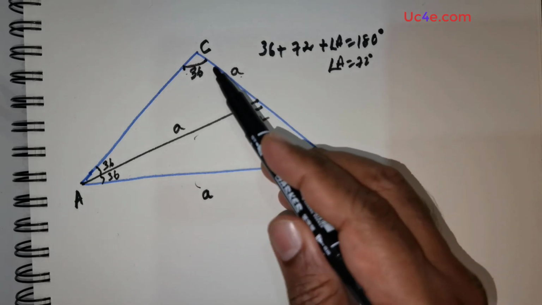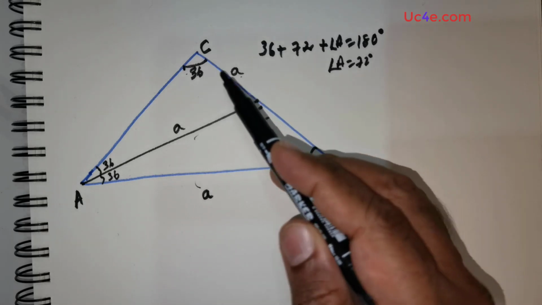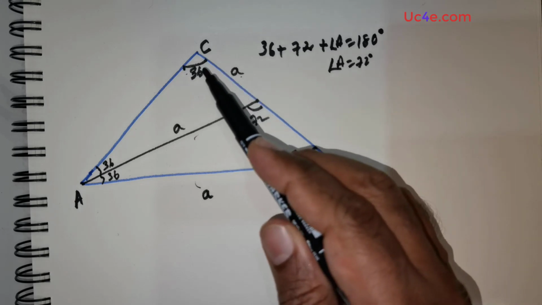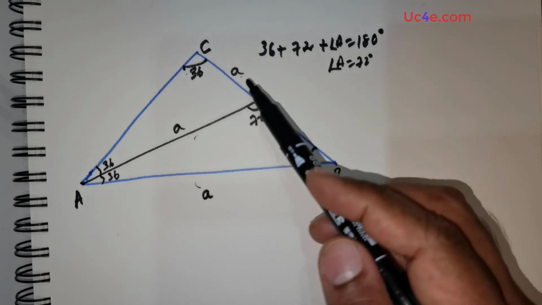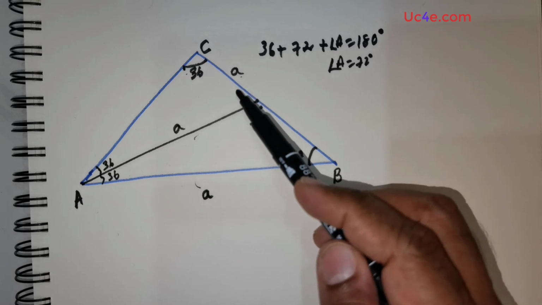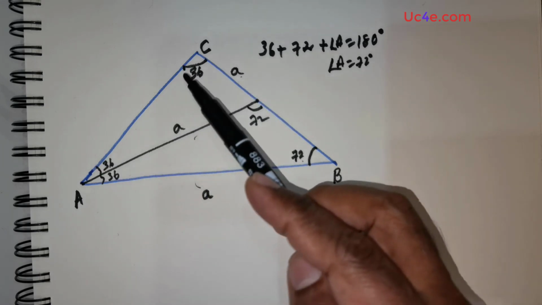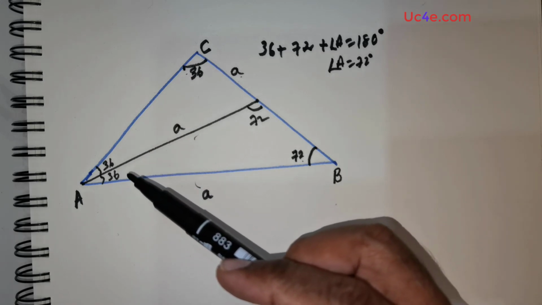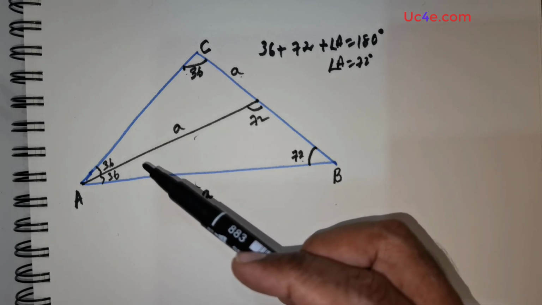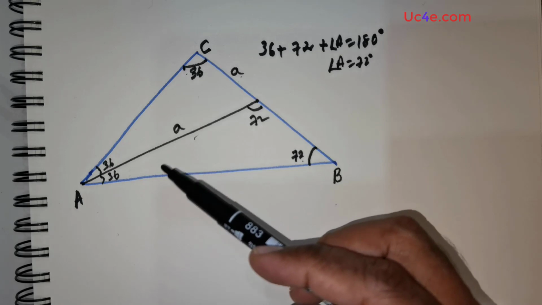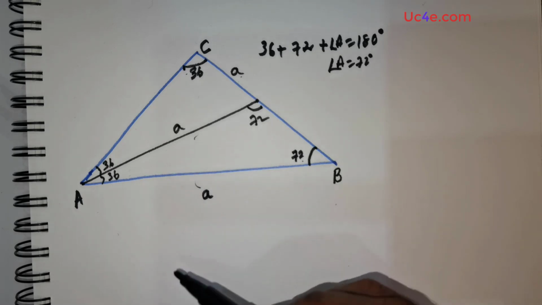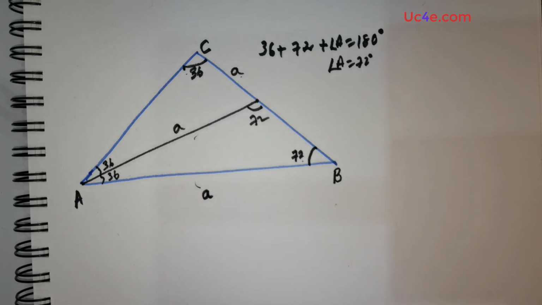So don't bother about the exact shape. This is not to scale. So you might be wondering why this is so long and this is so short. It doesn't matter. What matters is the angles. So once you have an isosceles triangle established, then you can just place in the sides. And with that concept, let me just move on.